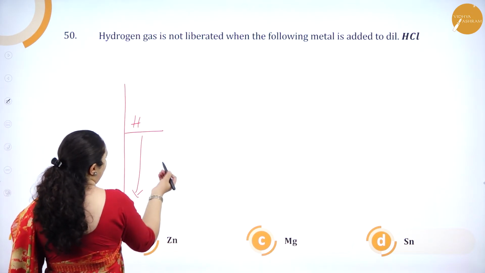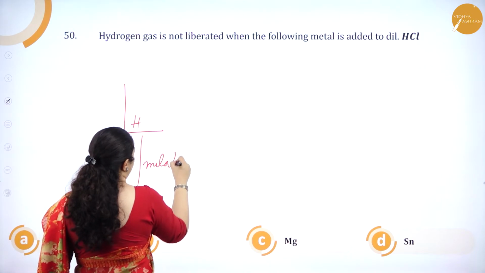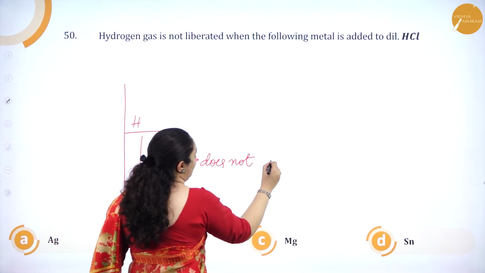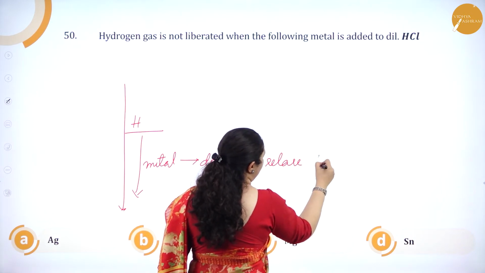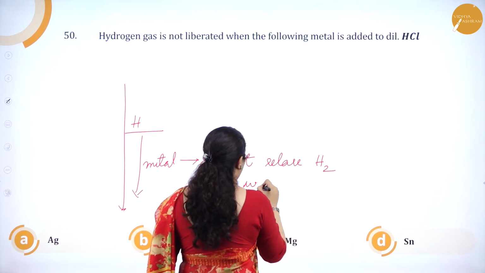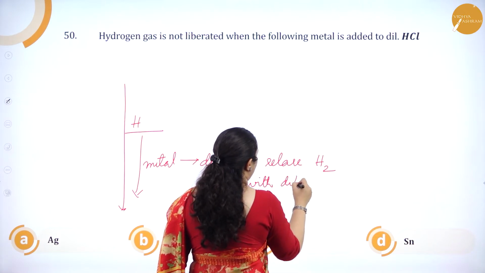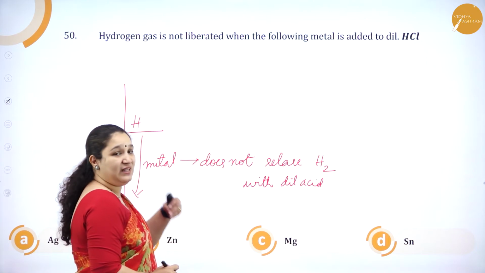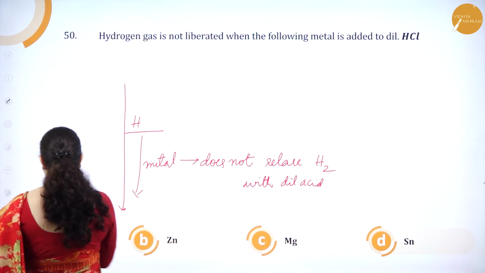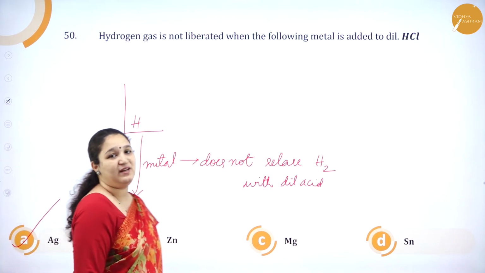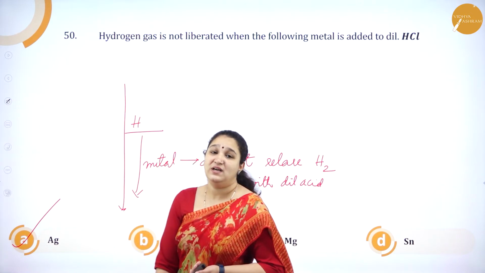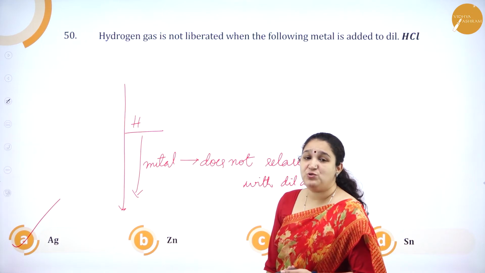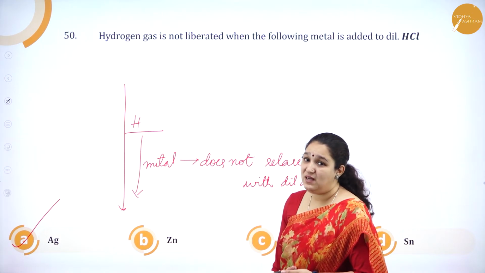If a metal is present below hydrogen, it does not release or liberate hydrogen gas with dilute acid. So, zinc, magnesium and tin are all above hydrogen. Only Ag will not liberate hydrogen gas when it is treated with dilute HCl. So, I hope you have understood. For this question, you should know your electrochemical series.